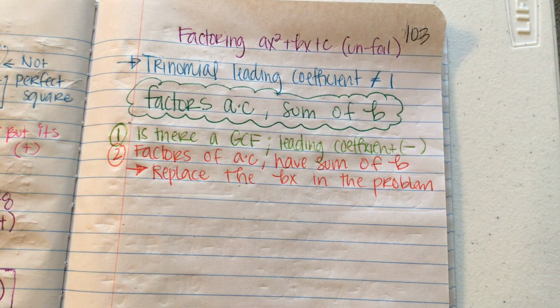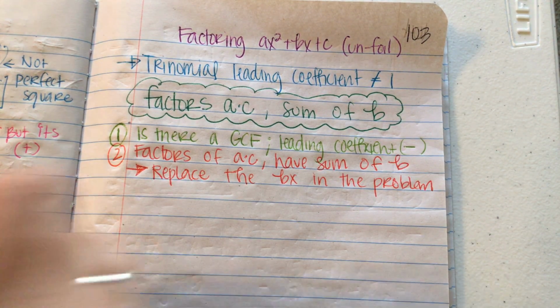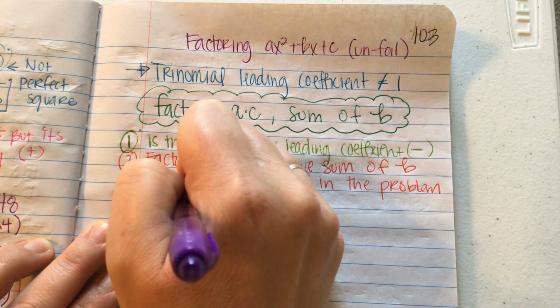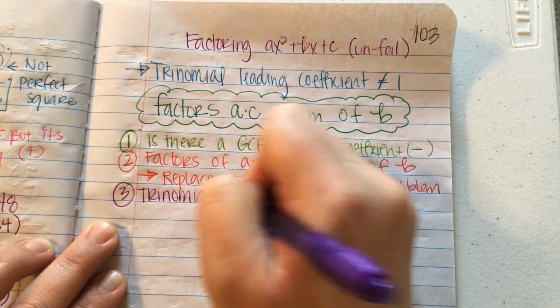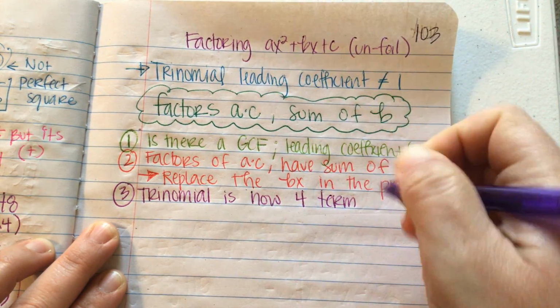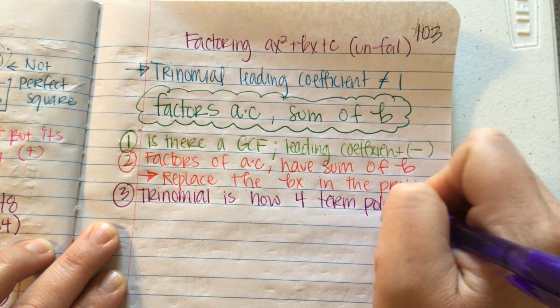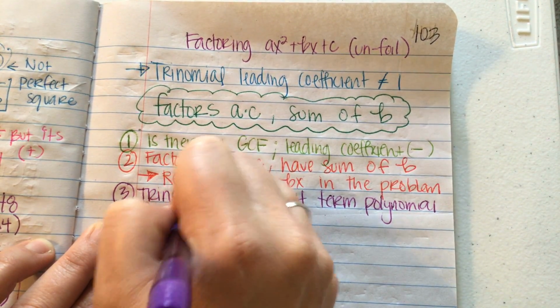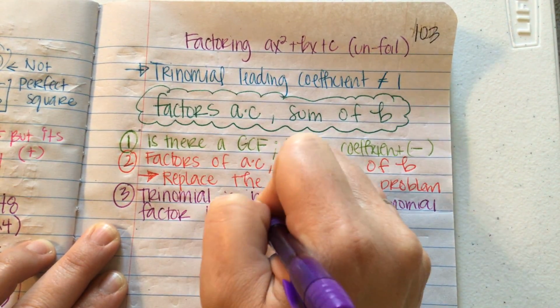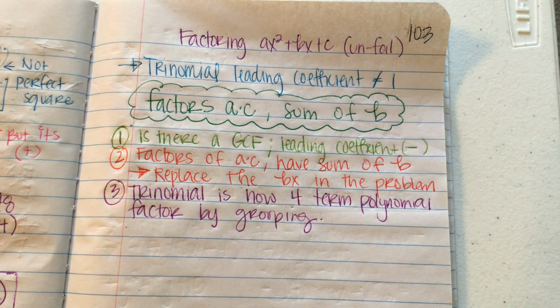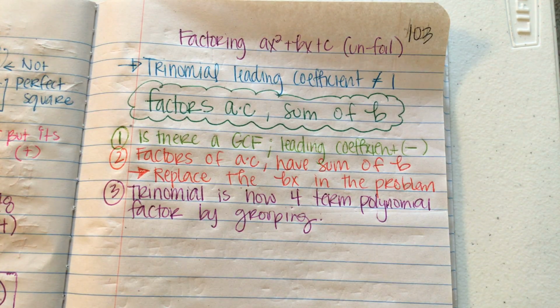We're taking a trinomial and making it into a 4-term polynomial. And since now our trinomial is a 4-term polynomial, you're going to factor by grouping. We're going to split it in half and factor.